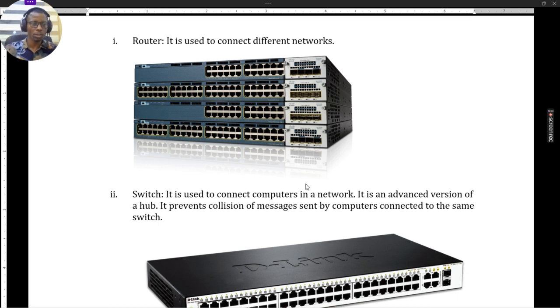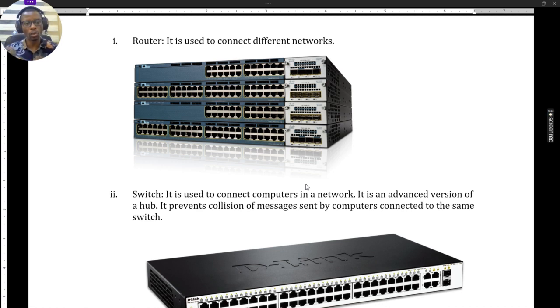There are a lot of maybe collisions and unnecessary traffic moving around on the network. But in the case of a switch, it's more intelligent than a hub in the sense that it can actually read the file. You send this file to A3, and it will only send it to A3, instead of sending it to everybody else on the network. So at the same time, maybe A1 is sending to A3, and A2 may be sending to A1 too. It separates the channels, reads each file, and directs it straight to where it's meant for.